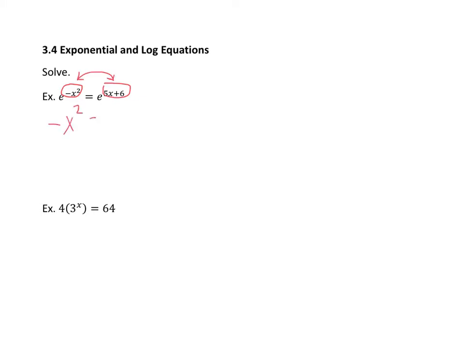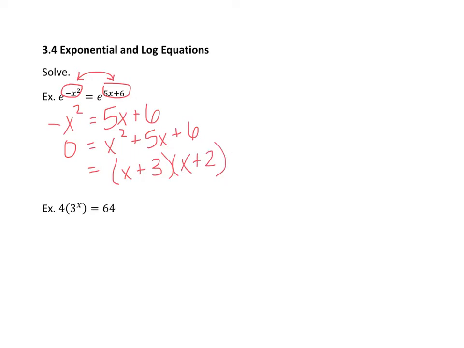Negative x squared equals 5x plus 6. If I set it equal to 0, x squared plus 5x plus 6, this factors. x plus 3, x plus 2, so I get two solutions. x equals negative 3 and negative 2.